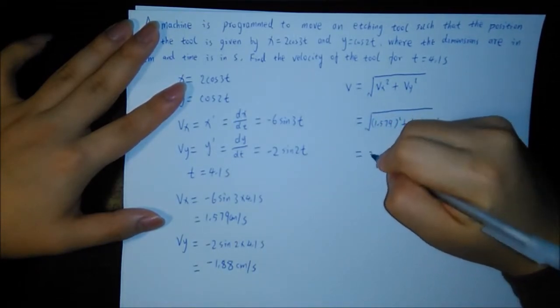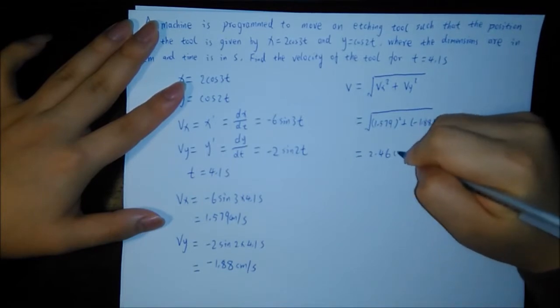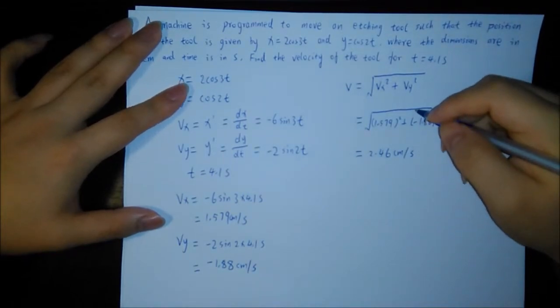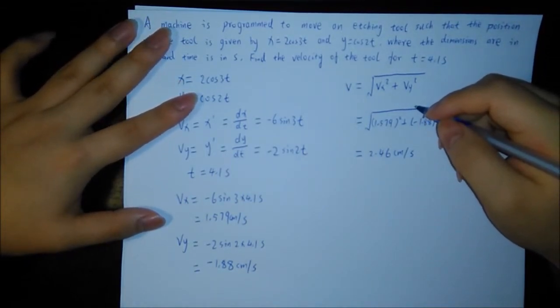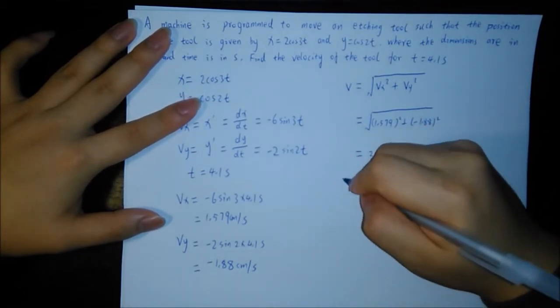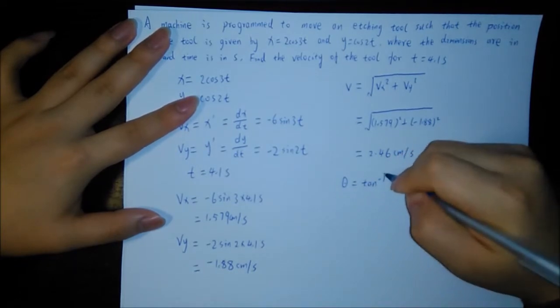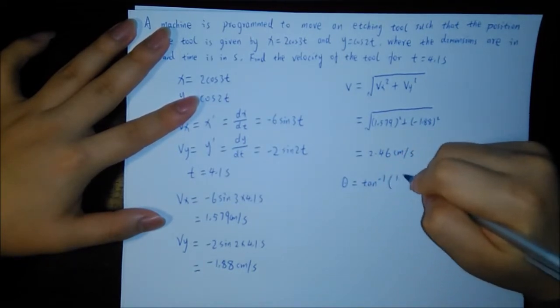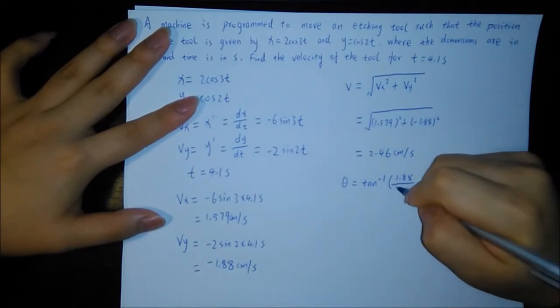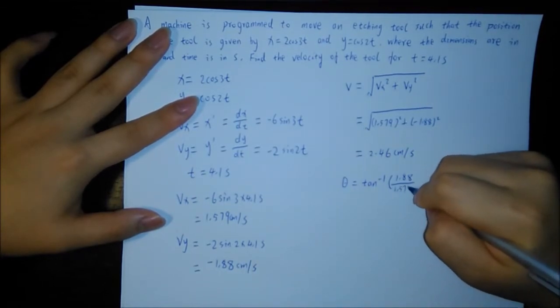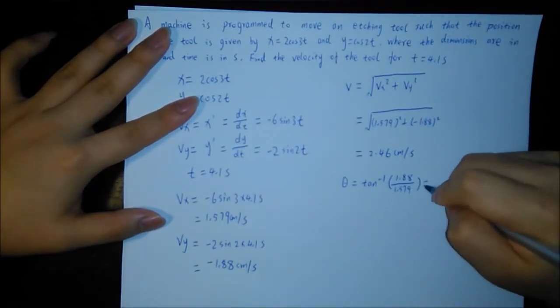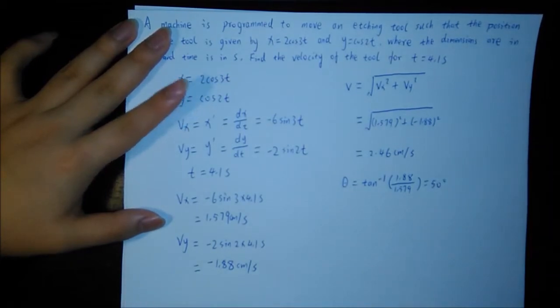So it's equal to 2.46 centimeters per second. And then we need to calculate the direction. Theta is equal to the inverse tangent of 1.88 divided by 1.579, which is equal to 50 degrees.